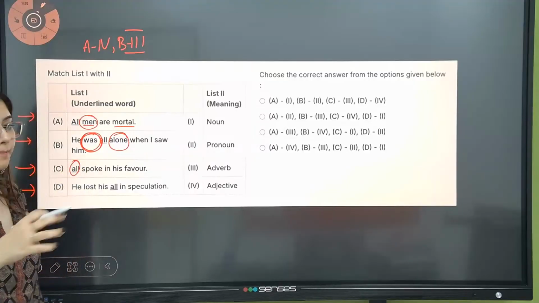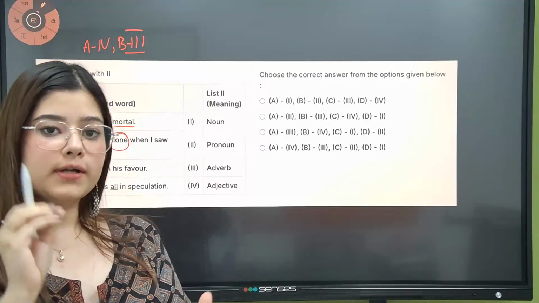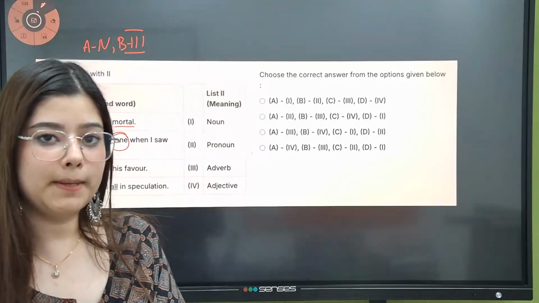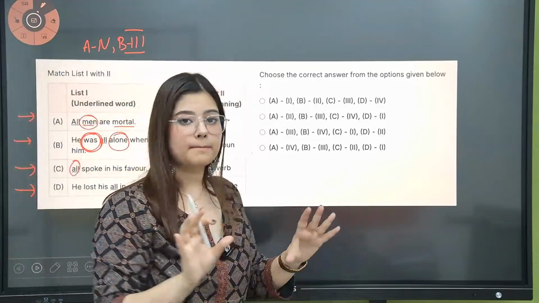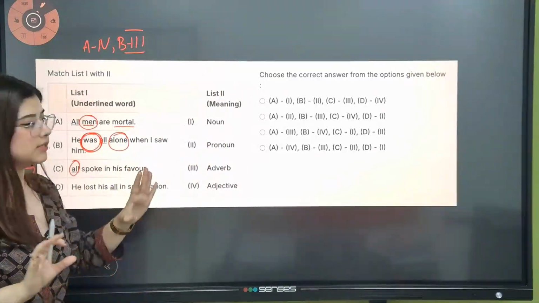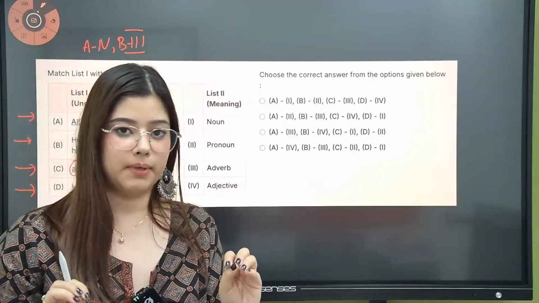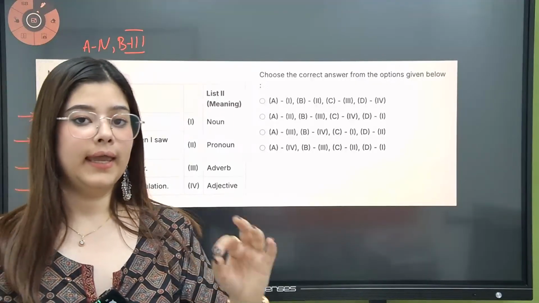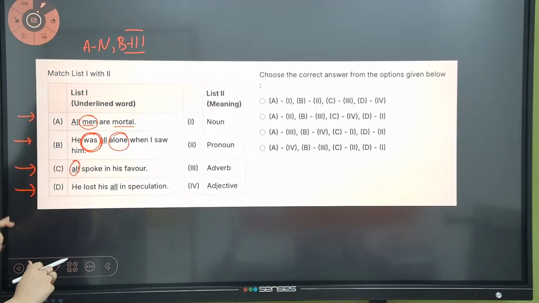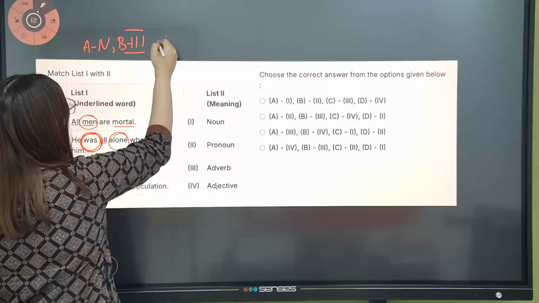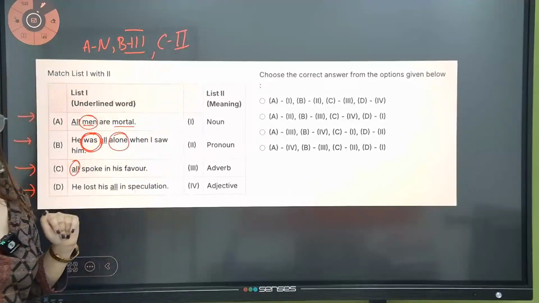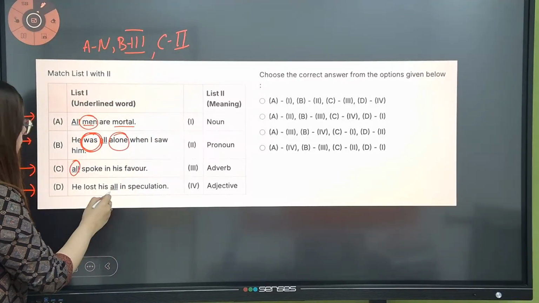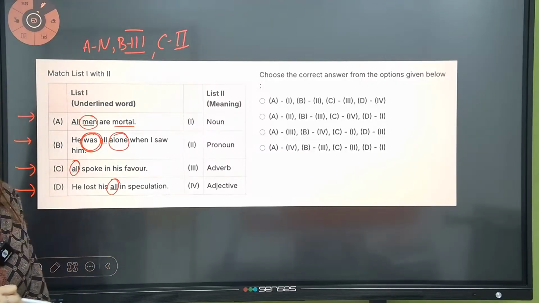Next, all spoke in his favor. Here we are talking about some people, but we are not specifically naming those people. All spoke in his favor. We are talking about some people. So, indefinite pronoun. So, C, 2, and last, he lost his all in speculation.